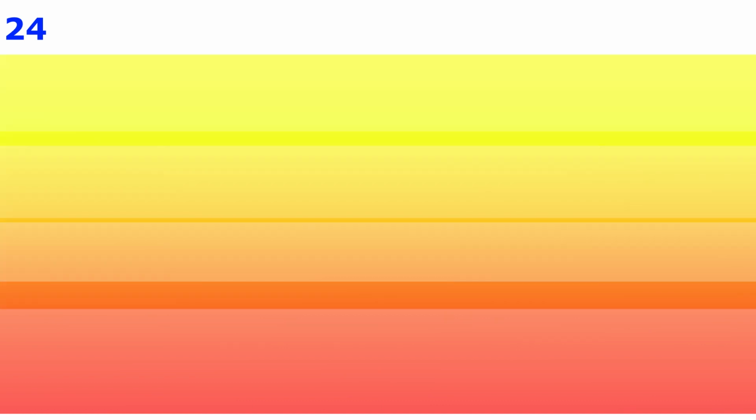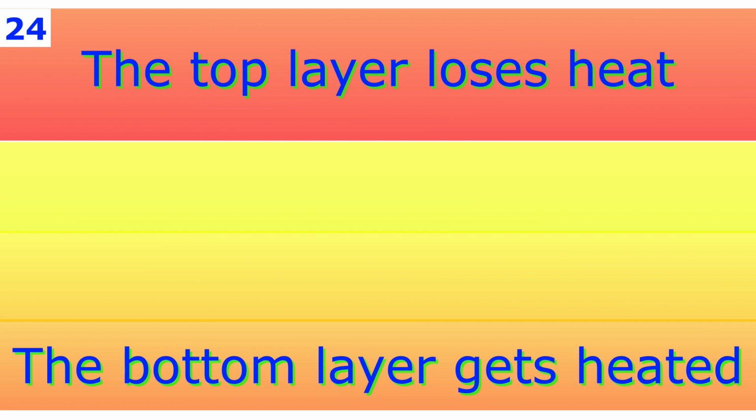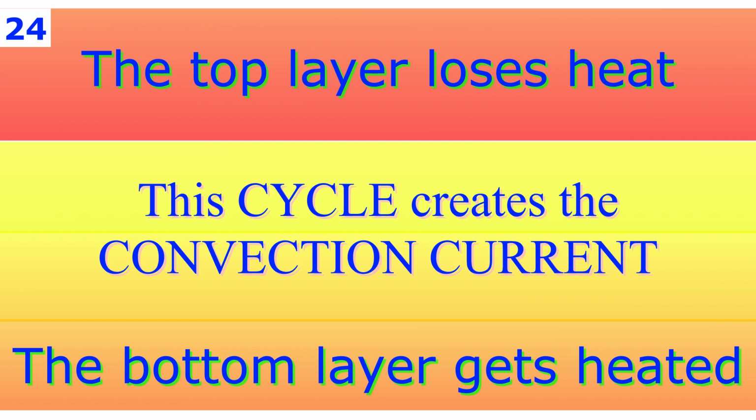Buoyancy causes the less dense and hotter part of the water to rise, and the cooler and denser water takes its place. This process is repeated until the water becomes uniformly heated. In this way, heat is transferred by convection.